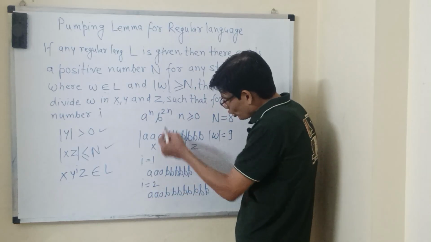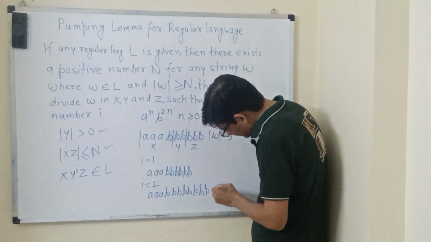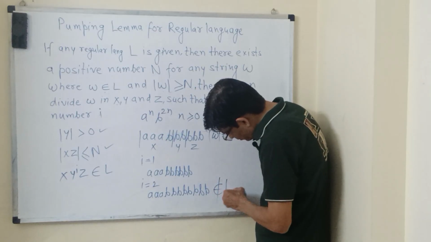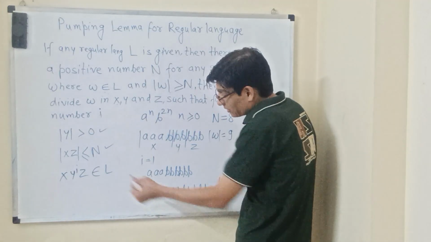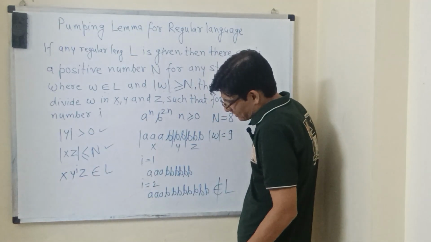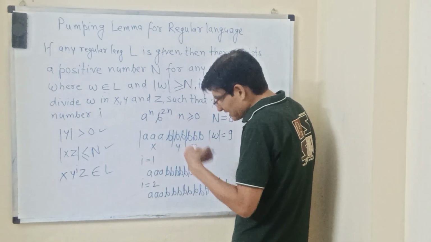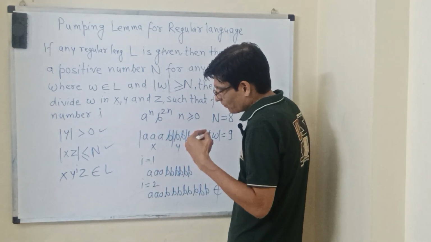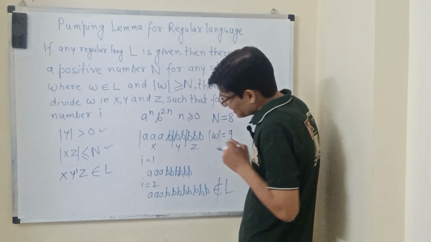So this is not belonging to that language. So this condition is not satisfied for i equal to 2. And if we take i equal to 3, then again this would not be satisfied. For any value of i greater than 1, it will not be satisfied.